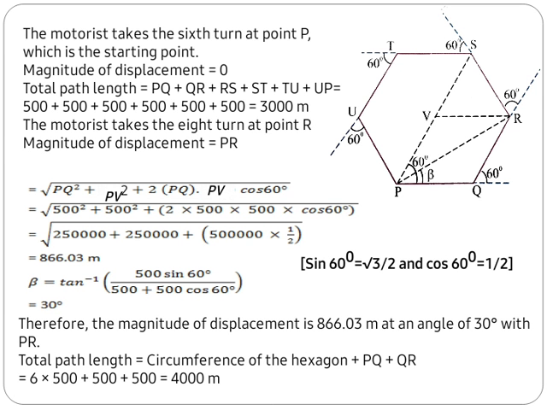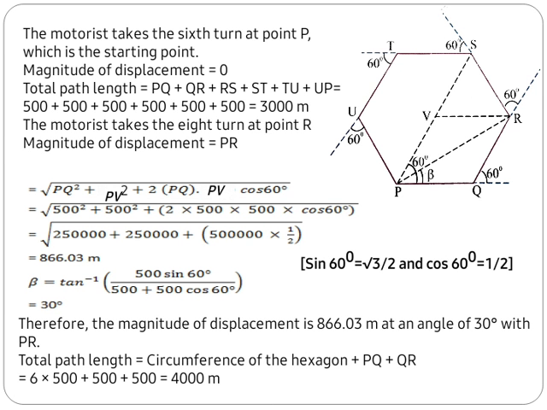According to law of cosine, the magnitude of the resultant vector PR of the two vectors PV and PQ is equal to square root of PQ square plus PV square plus 2 into PQ into PV into cos theta, where theta be the angle between PQ and PV, which is equal to 60 degree.